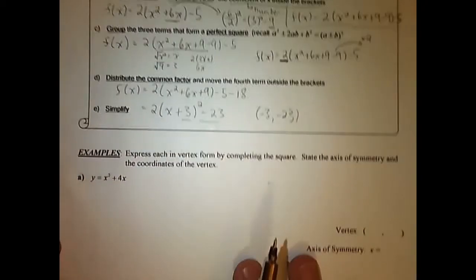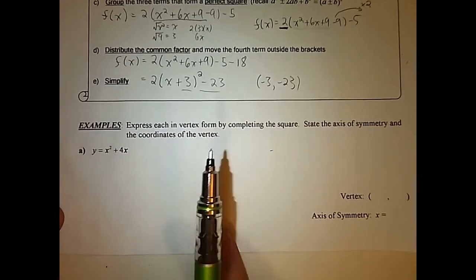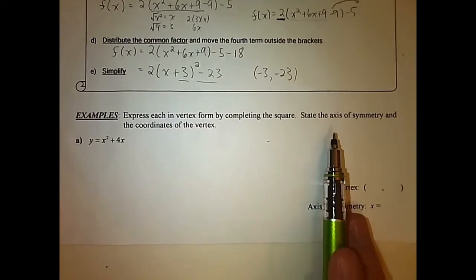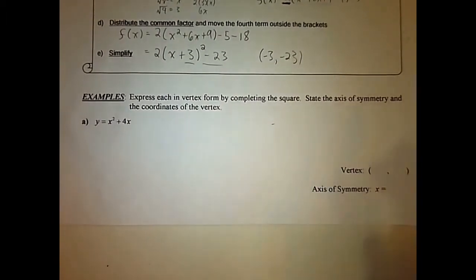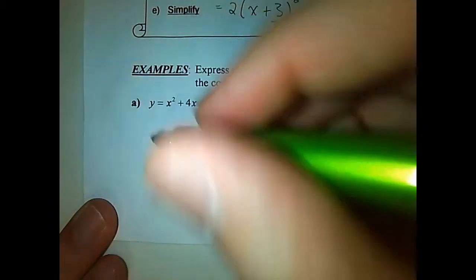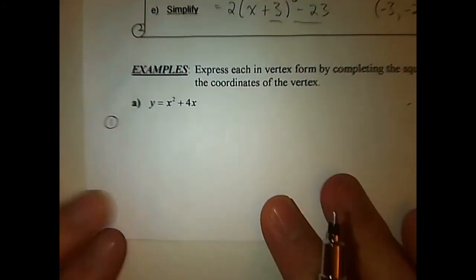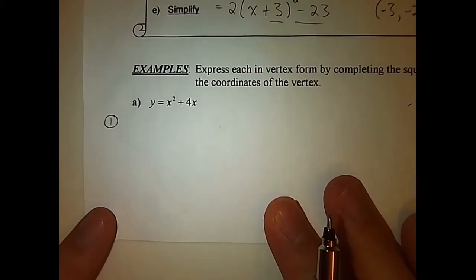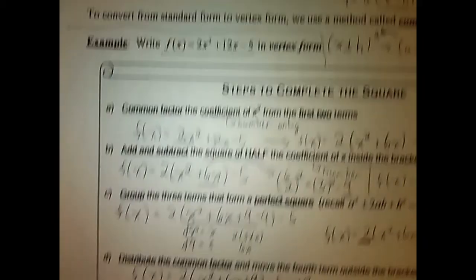So it says express each in vertex form by completing the square, and then state the axis of symmetry and the coordinates of the vertex. So I'm just going to zoom in a little bit. So it says y equals x squared plus 4x. So what was our first step? First step was common factor.